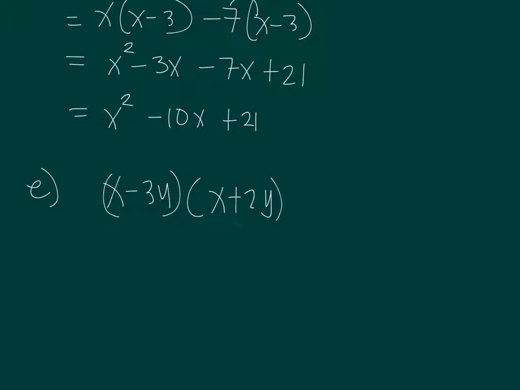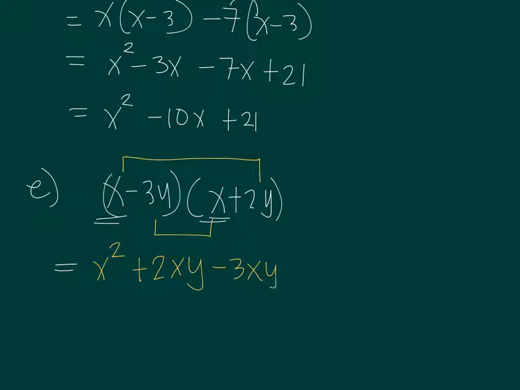So using the FOIL method, we multiply the first and the first. So x times x is x squared. The outer is x times 2y. So positive 2y times x, that's 2xy. And then the inner, so that's minus 3xy.